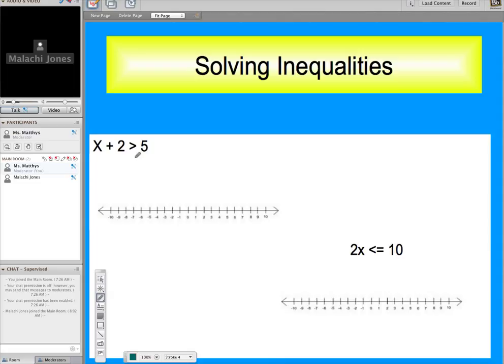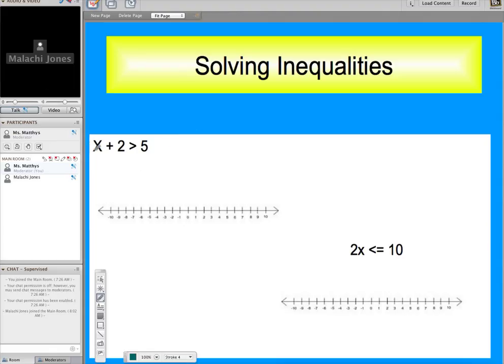So what is the difference between open circle and closed circle? Open circle is greater than or equal to and less than or equal to. You've got the right idea.